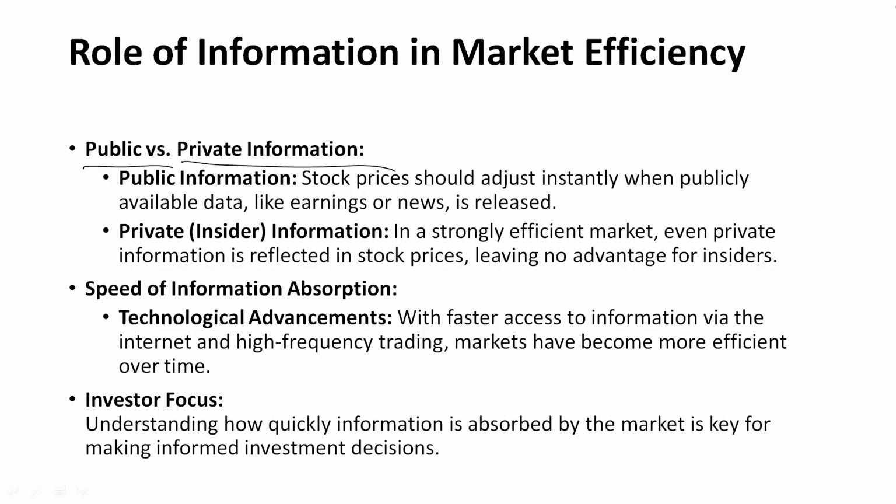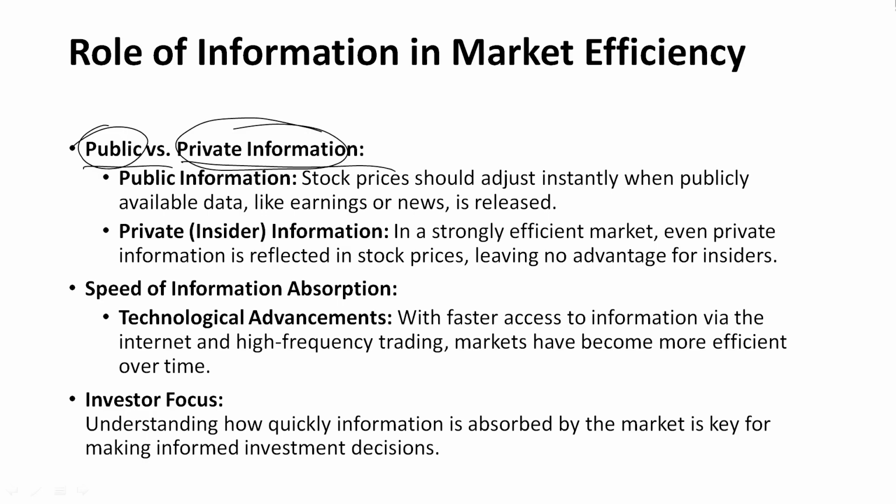As I told you earlier when I was discussing semi-strong and strong markets, information which is available in the public is part of the semi-strong market. Private information becomes a part of the strong form of market because it incorporates all this information together, right?